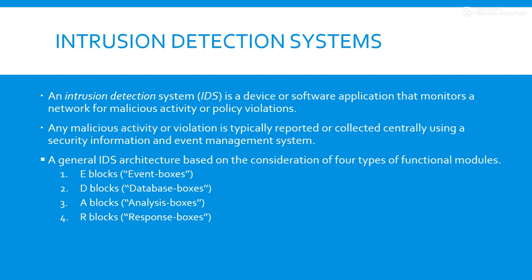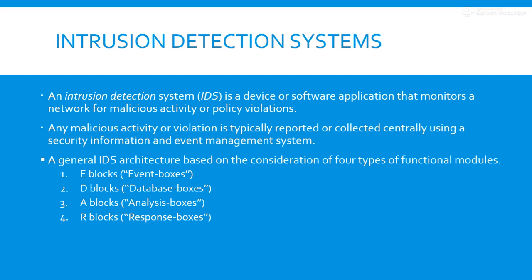So intrusion detection systems are used to detect anomalies with the aim of catching hackers before they do real damage to a network. They can be either network based or host based intrusion detection systems.